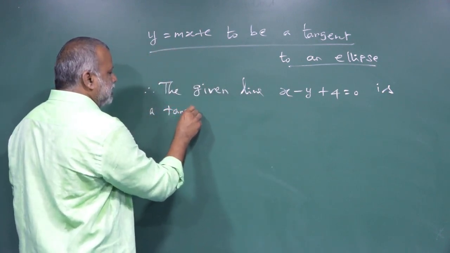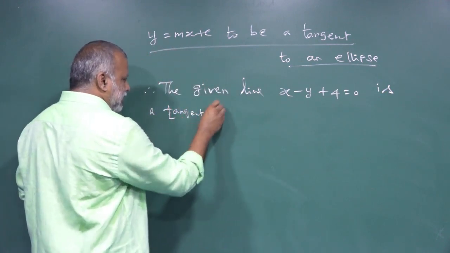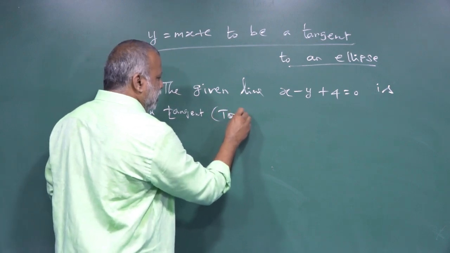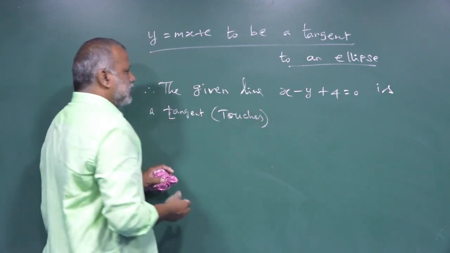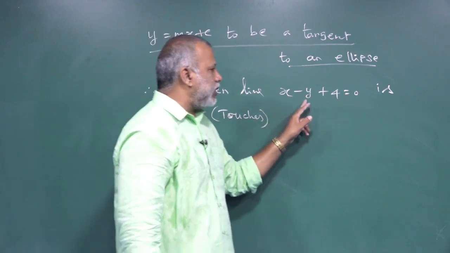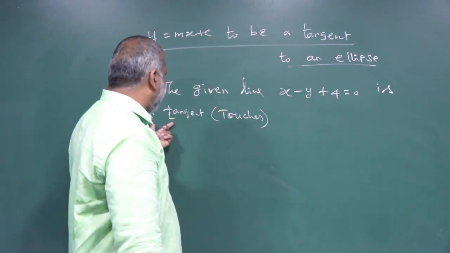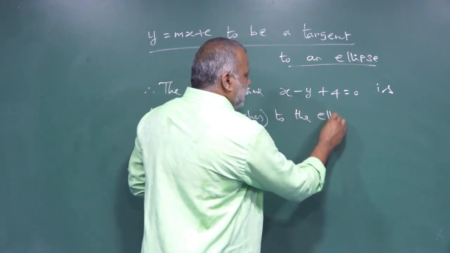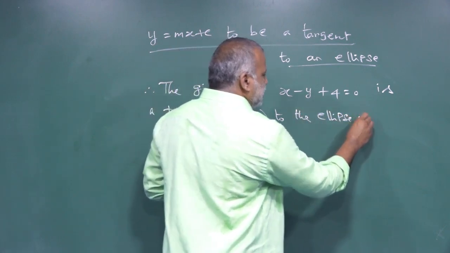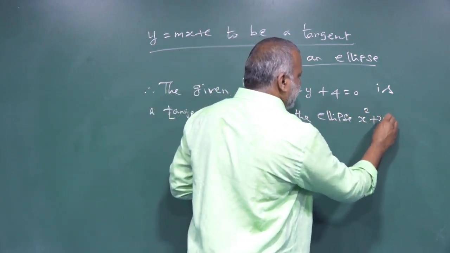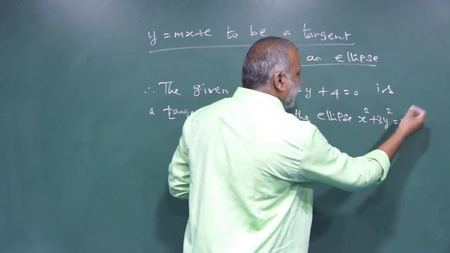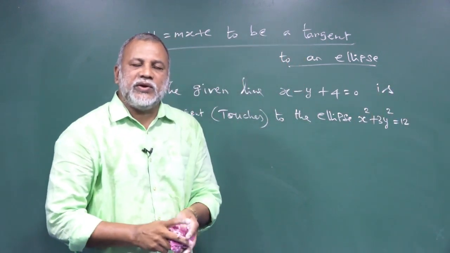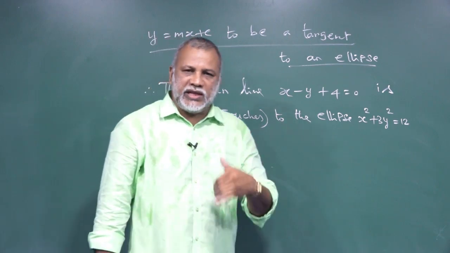Tangent is nothing but touches. You can write touches. The given line x minus y plus 4 equal to 0 is a tangent to the ellipse x squared plus 3y squared equal to 12. So we are able to verify the condition. That is the question itself they asked.